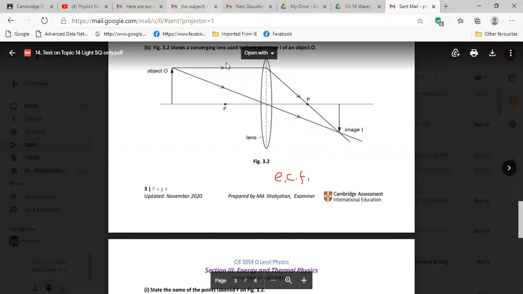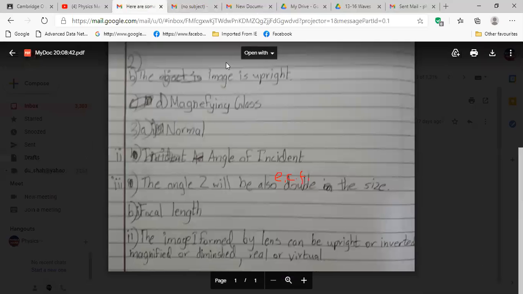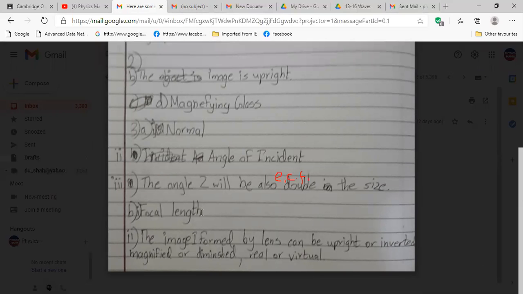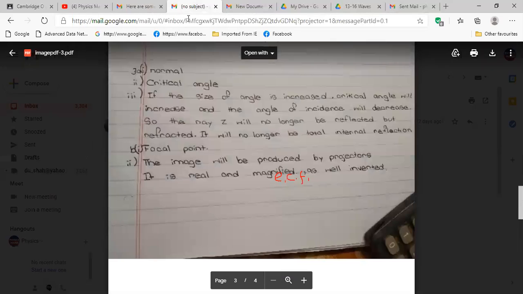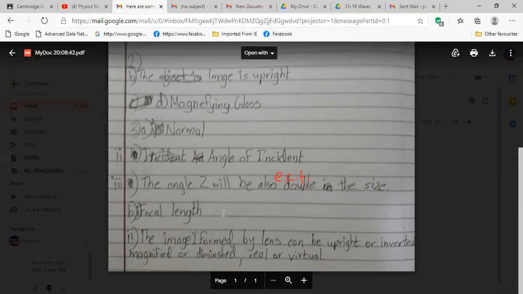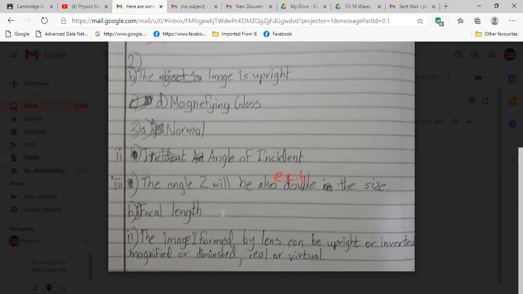This point name is either focal point or principal focus, right? Yes, sir. So what you wrote, focal length, it should be focal point, not focal length. Monica, you wrote focal point, it is correct. So give a tick. Then Mahi, give a cross, then you write point.